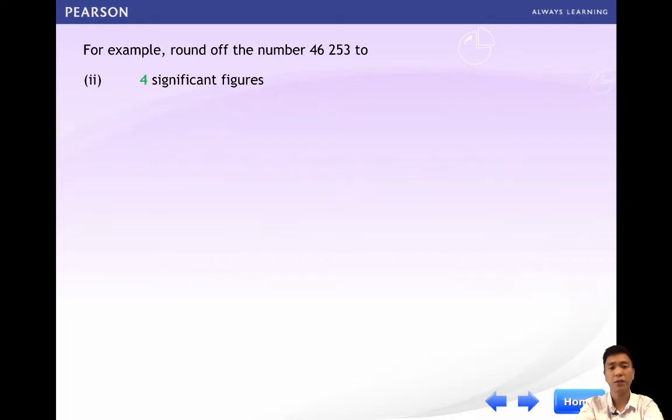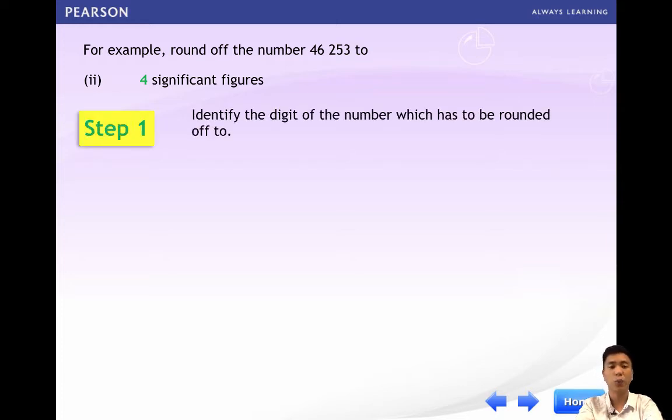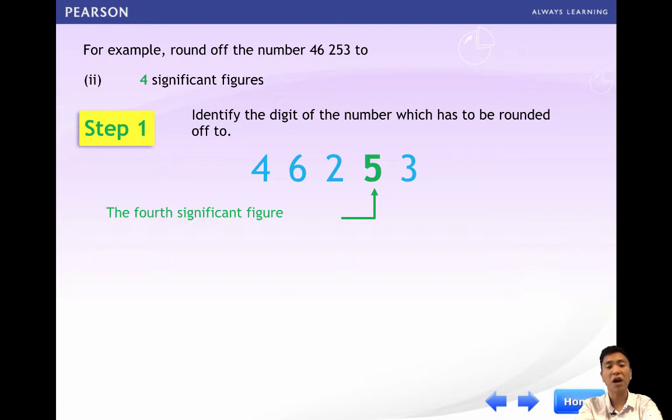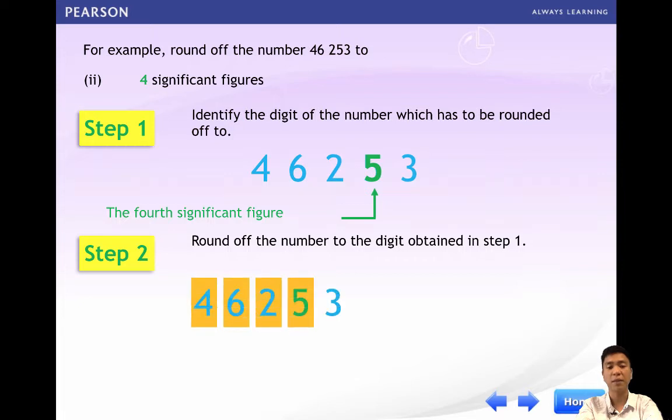Also, we may try to round off this number to 4 significant figures. So we have to count which one is the 4th significant figure. It should be this. The number 5 here is the 4th significant figure. So we look at the next digit, which is 3.